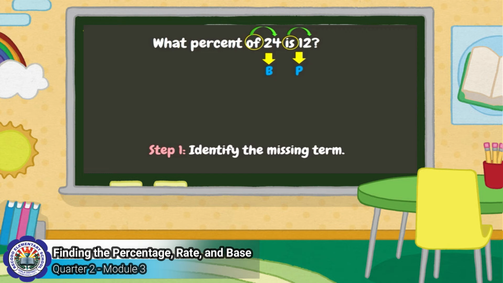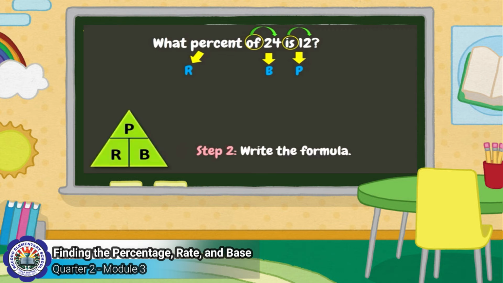And obviously, the missing here is the percent or the rate. Now let's write the formula. R is equal to P over B, or P divided by B. That means to get a rate, we need to divide 12 by 24.